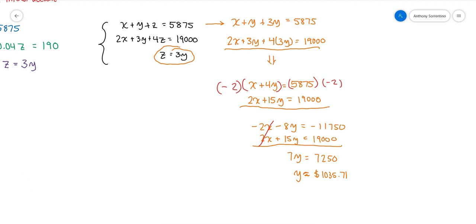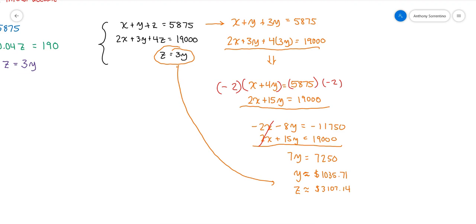Now I could use the fact that z equaled 3 times y and just multiply that by 3 to get that z is approximately equal to $3,107.14.